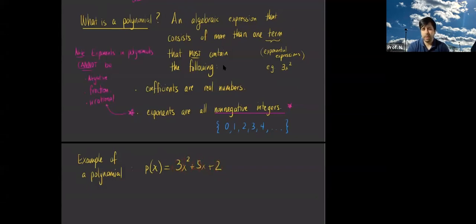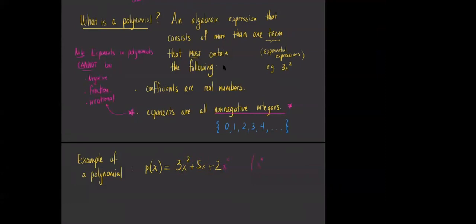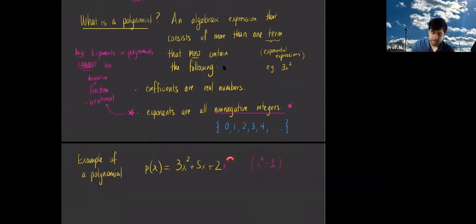That's the easy one. But look at the exponents. 2, 1. And what about that 2 here? You can think of this 2 as having an x to the 0th power. But what is x to the 0th power? Remember? 1. And what do we know about the exponent? It's 0, which is a non-negative integer. So this checks off. It's a polynomial.